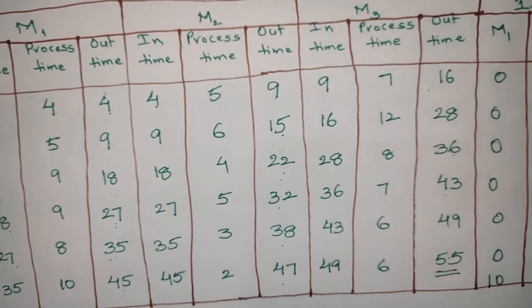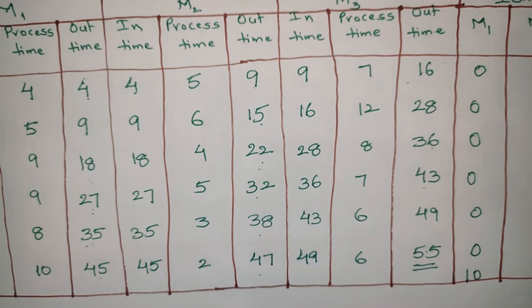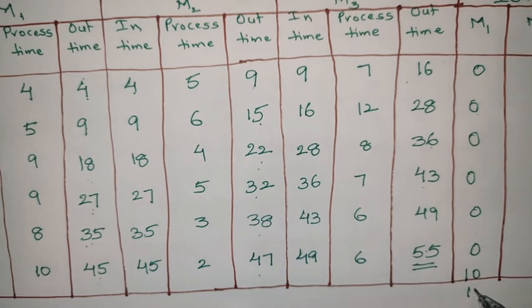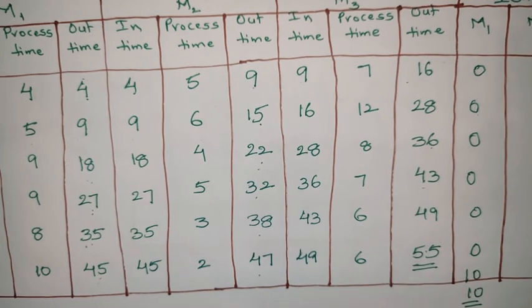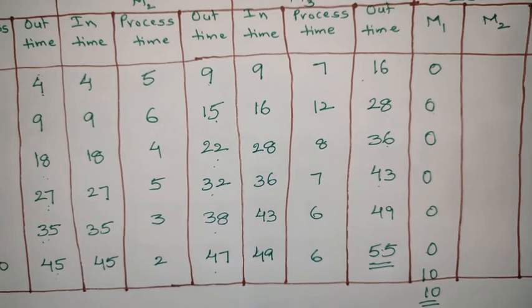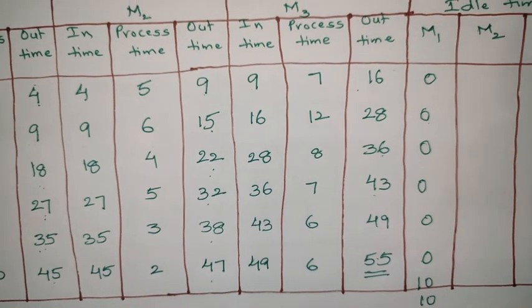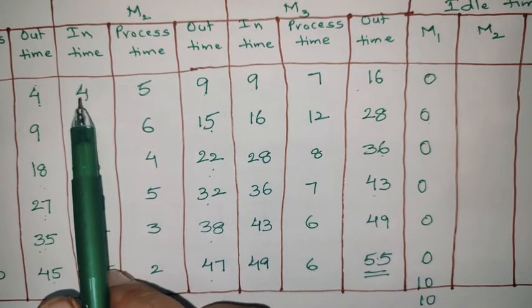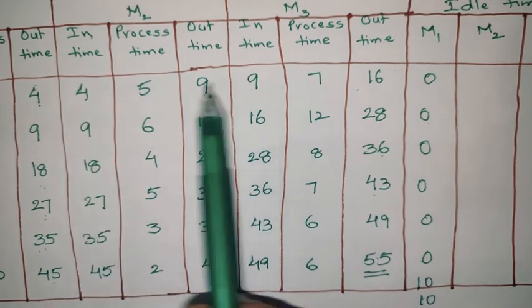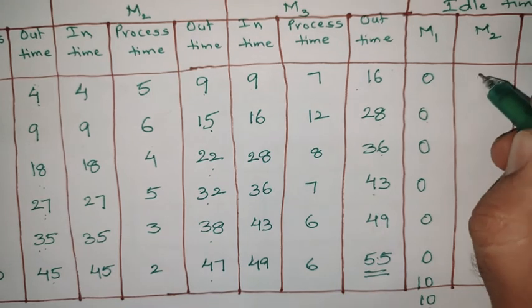Then what is the total idle time on machine M1? 0 plus 0 plus 0 plus 0 plus 0 plus 0 plus 10. So total idle time on machine M1 is 10. Next, on machine M2, let us calculate the idle time. Initially machine M2 has to wait for 4 hours, so initial idle time is 4 hours.